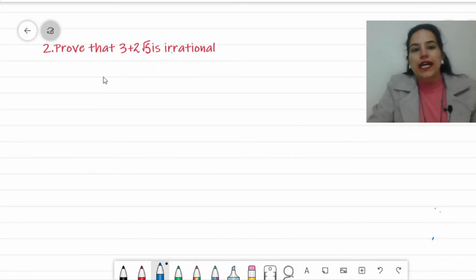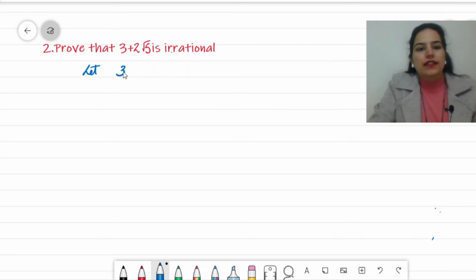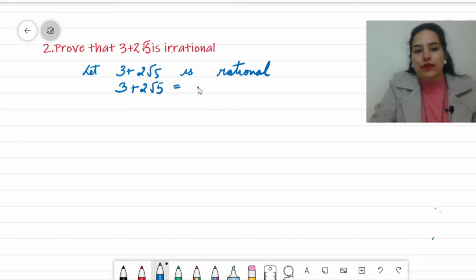Question 2, prove that 3 plus 2 root 5 is irrational. So we begin with the same assumption: let 3 plus 2 root 5 be rational. And if I declare it rational, it can be represented as integer upon integer form, that is a by b. Now if I cross multiply, I get 3b plus 2 root 5 into b is equal to a.